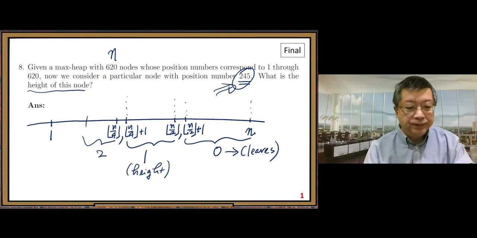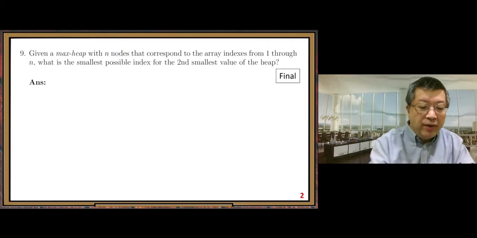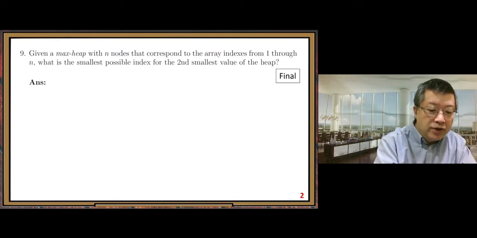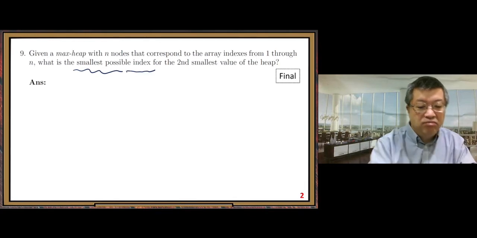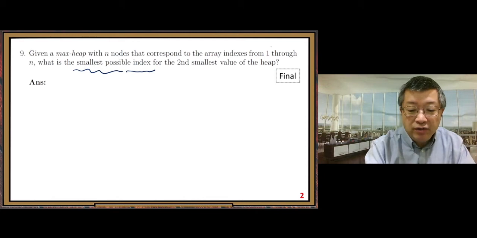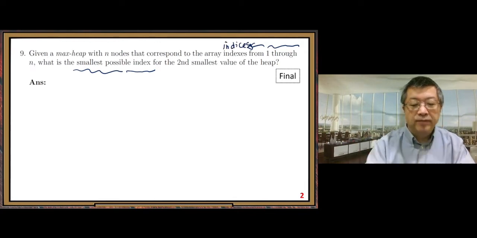Okay. All right. Number 9, max heap with n nodes that corresponds to array index from 1 through n. What is the smallest possible index? Here, the index. So these numbers also correspond to indices.